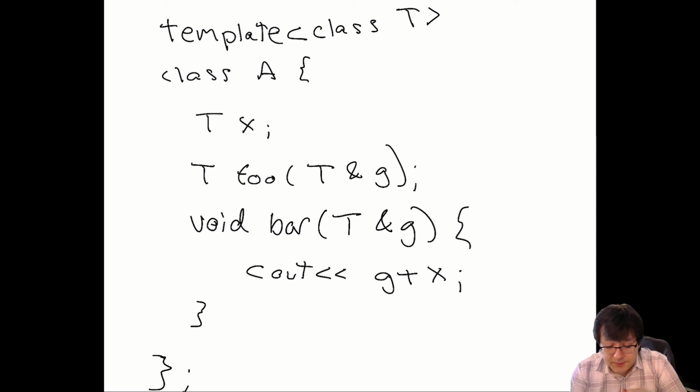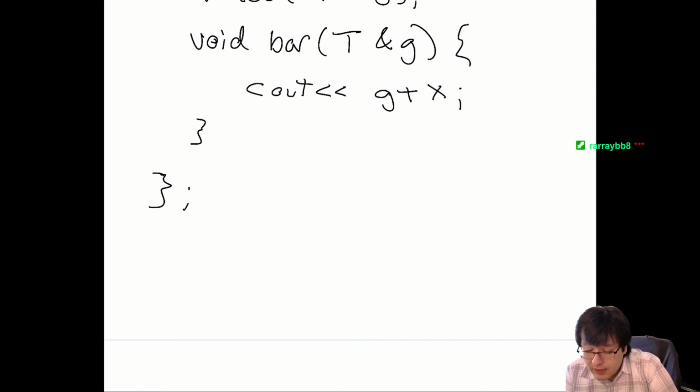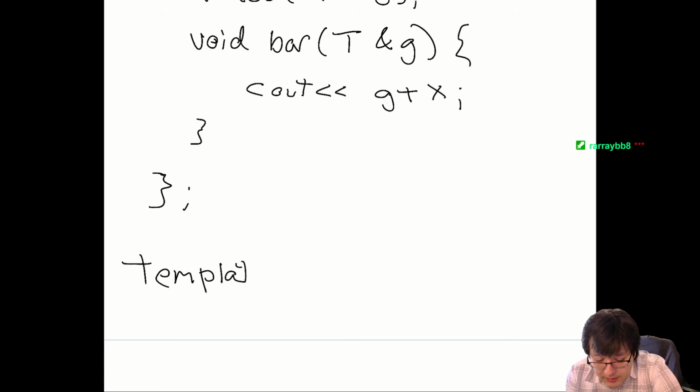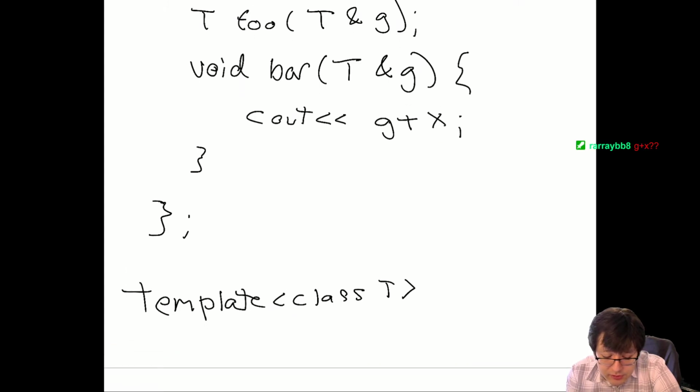But not yet. The last thing is, I'm going to show you how to declare a function outside of the class. So we have the foo function that we have not declared, right? So let's go ahead and actually do that. To declare a template function outside of the class, you have to manually write the word template again, class T, and then it's a T returning function, so you have to write the word T for the return value.